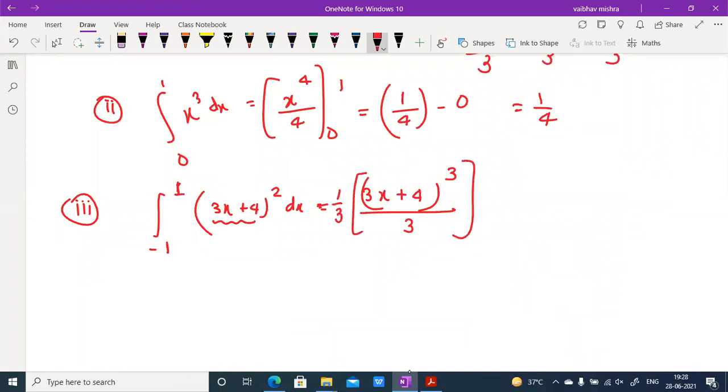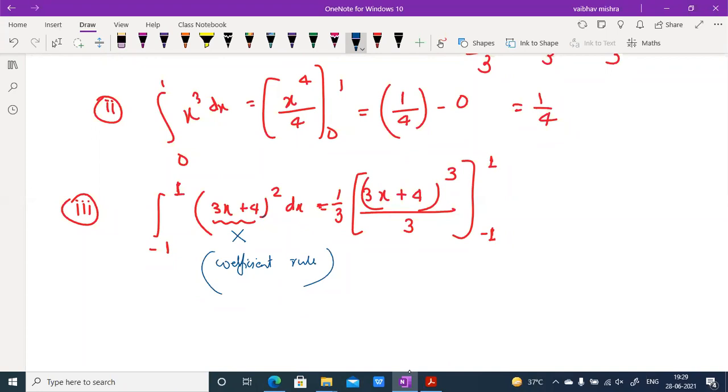Coefficient of x is 3, so we'll always divide by the coefficient of x, and that coefficient becomes 3. So 3 into 3, 9. And there we'll apply the limit from minus 1 to plus 1. Understood? This is by the coefficient rule. Radhika, you understood this? Yes, sir.